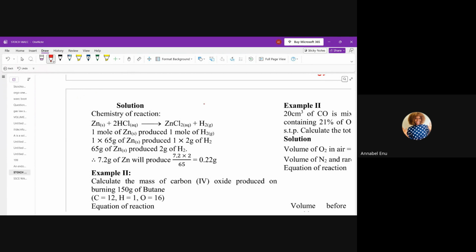I'm waiting. Tell me what to write. I'm waiting for you guys. I need a balanced chemical equation for this example 2, please. Tell me the balanced chemical equation, because this exam question, let's assume it did not give you.